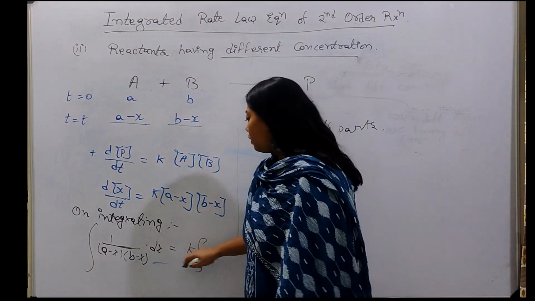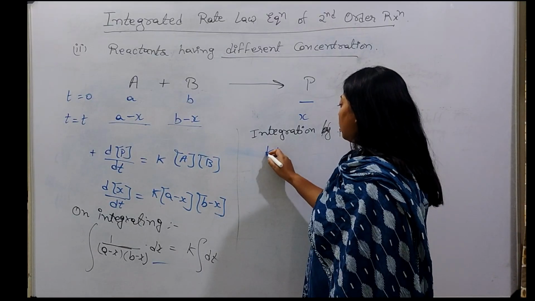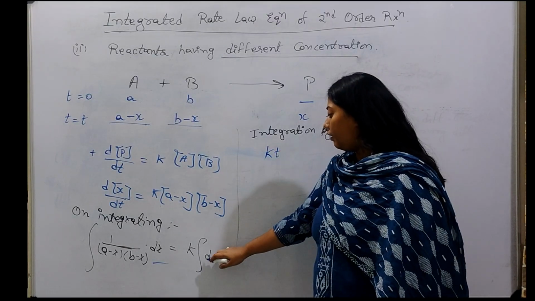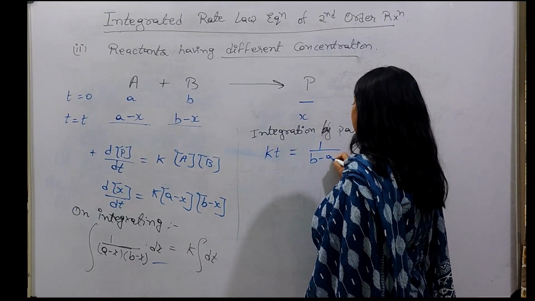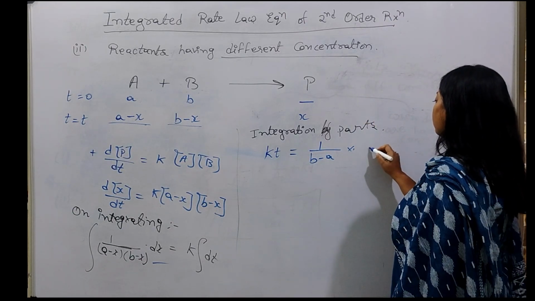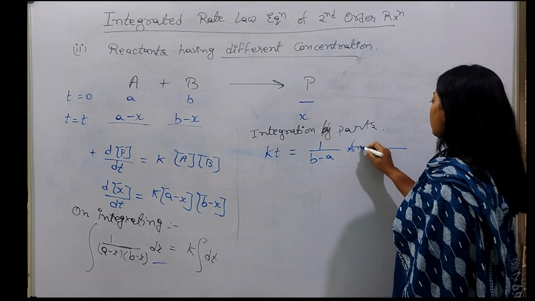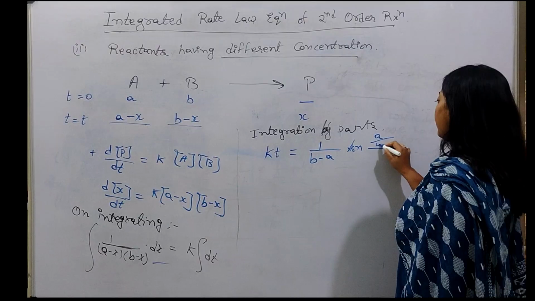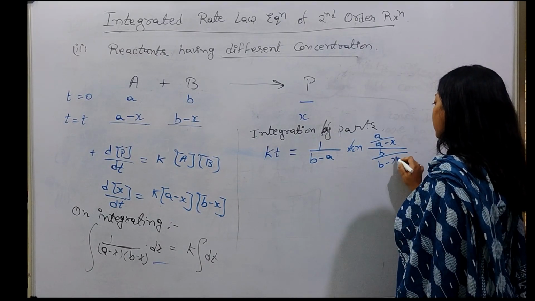So after integration by parts, the result will be: on integrating dt, we will get Kt equals 1 by (B minus A) into ln of [concentration of A by (A minus X)] divided by [B minus X].